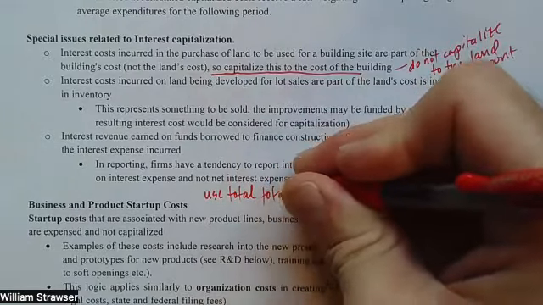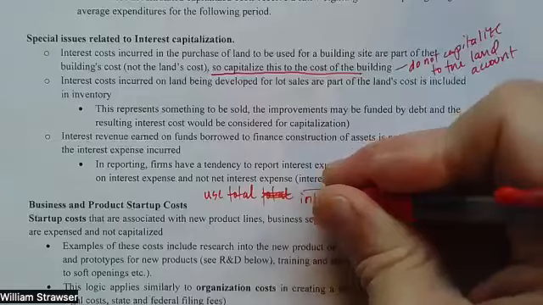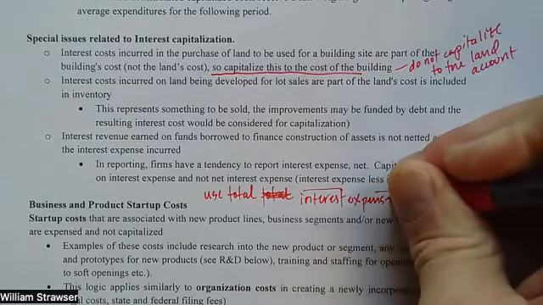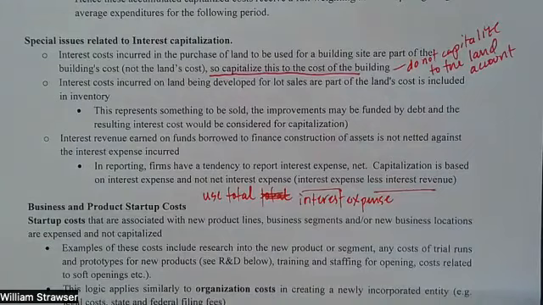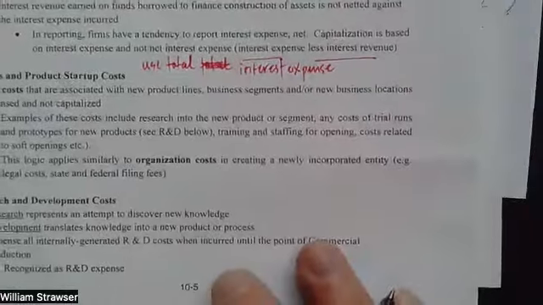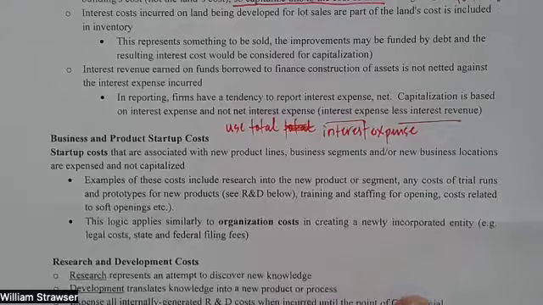I wouldn't worry about these items so much. They're very particular to certain types of practice, but do understand how to capitalize interest like we did in the prior example. Some random costs that are business or product startup costs, these are not capitalized.